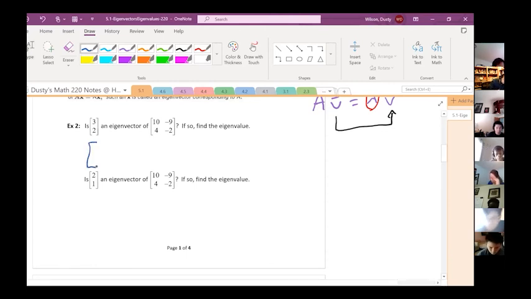So we could take 10, -9, 4, -2, and multiply by 3, 2. What's the product equal to? From Gerline, I've got 12, 8.